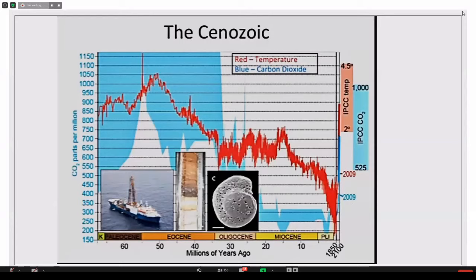Some of these are nanoplanktons, diatoms, radiolarians. The nanoplanktons and forams are made of calcium carbonate, but diatoms and radiolaria are made of silica. So most of our isotope work is done on calcium carbonate.